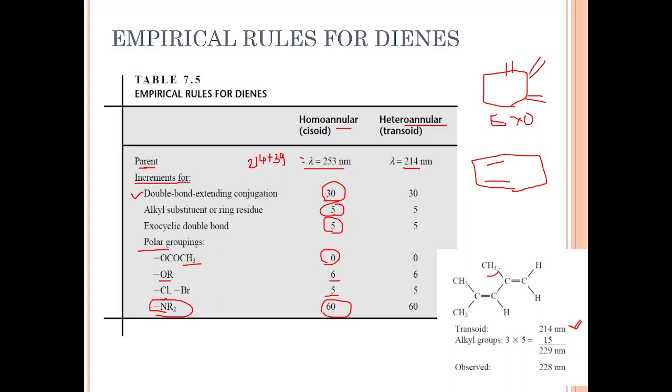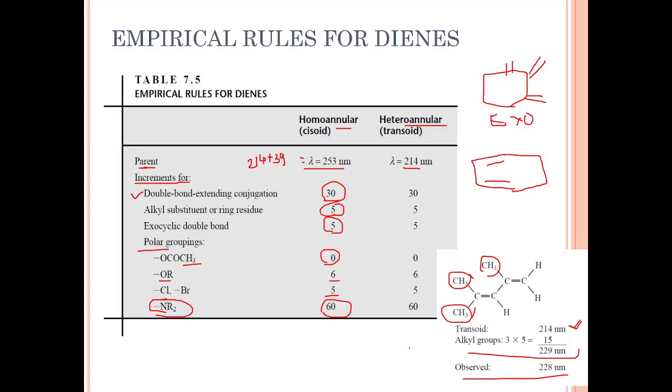Then we have alkyl substitution here, here and here. So we have three alkyl substituents, and each alkyl substituent accounts for 5 nanometers, so 3 into 5, so 15. So the total lambda max calculated is 229 nanometers, and when we do it by experiment we get 228. So the calculated and experimental values are matching.